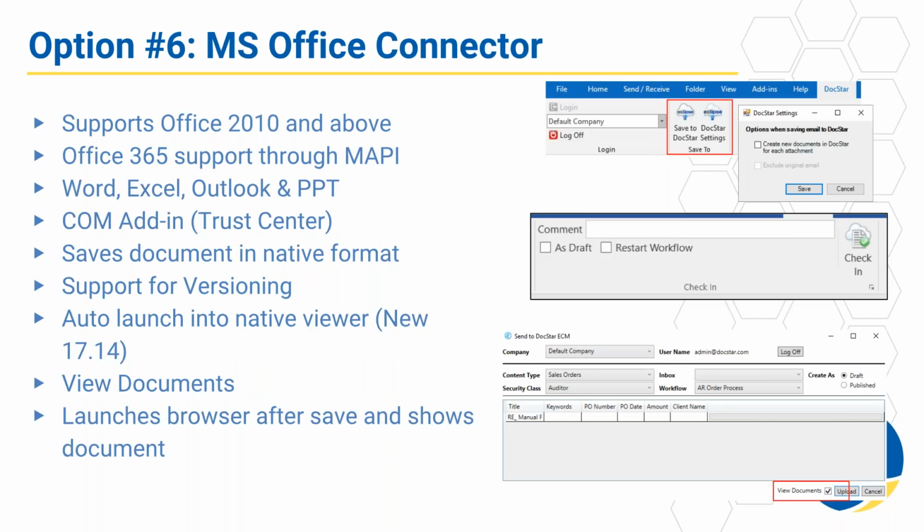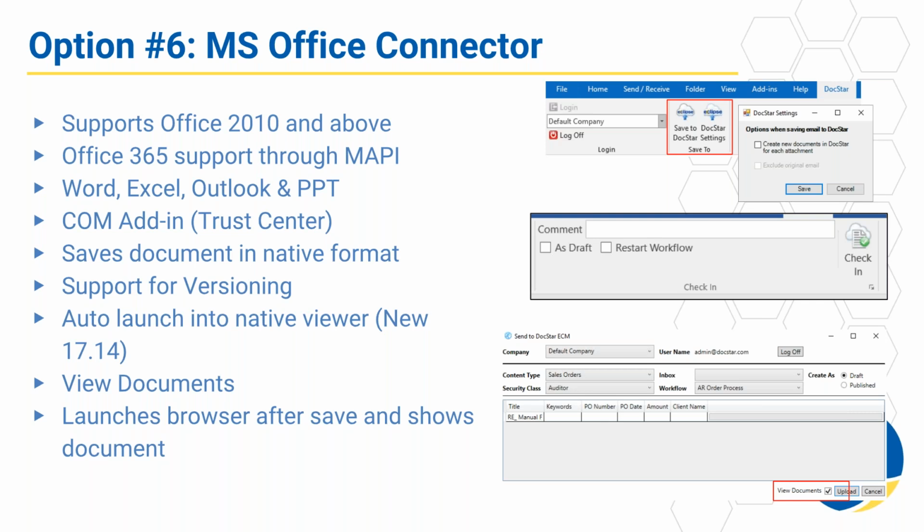We have the Microsoft Office connector. There's quite a few new features here. There is Office 365, but you do have to use a MAPI client, so you would have to use something like Outlook hooked into Office 365. I believe right now it's Office 2010 and above, and it supports those 4 Office products.